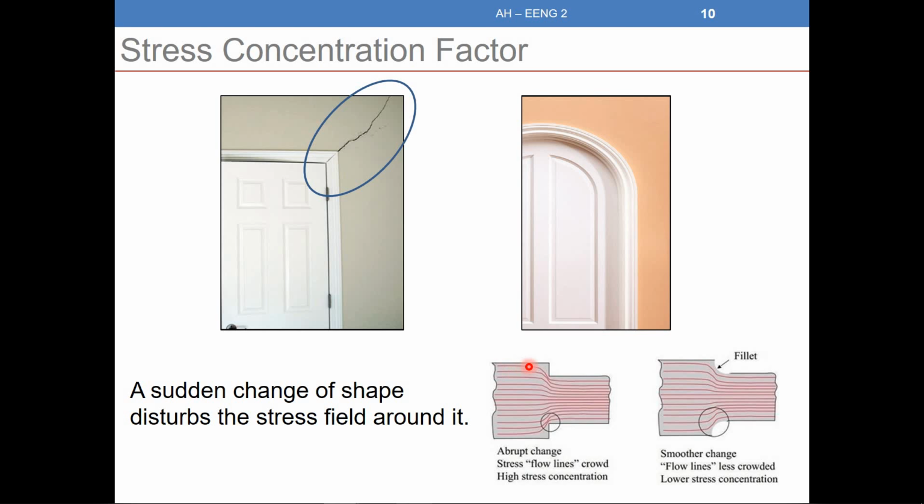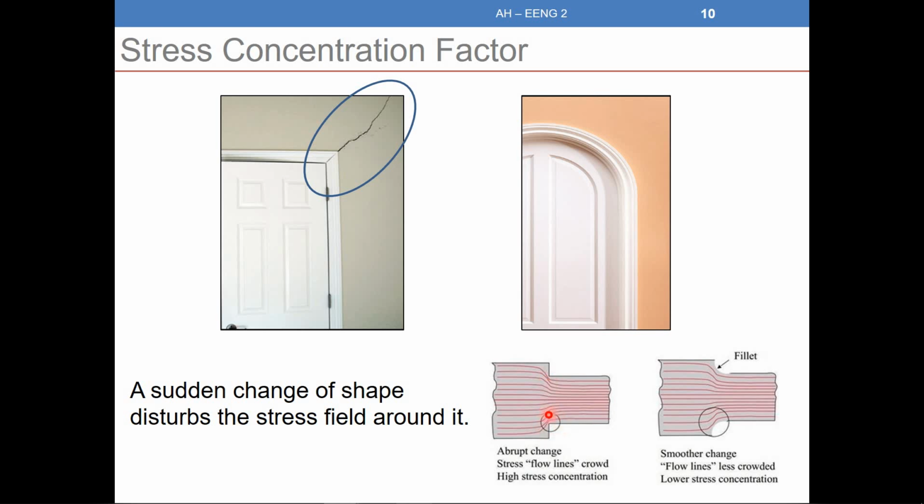If we imagine the stresses as lines like this, here the lines will change abruptly, while here the lines will change progressively. At this point, where the lines are very close to each other, the stress is concentrated.